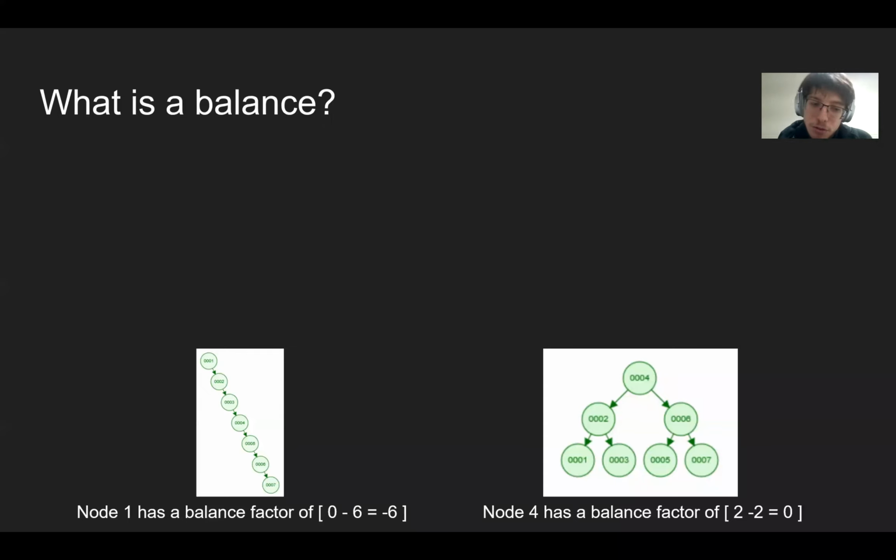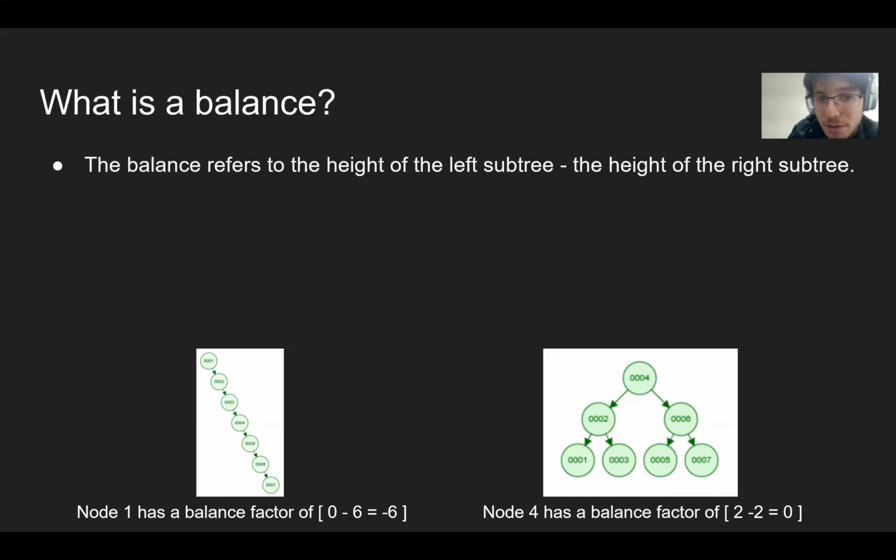So what's a balance? We usually use balance factors. A balance factor is the height of the left subtree minus the height of the right subtree. So in the bottom left image, it's 0 minus 6, and the right image is 2 minus 2. And one thing we can also check is the actual internal nodes.